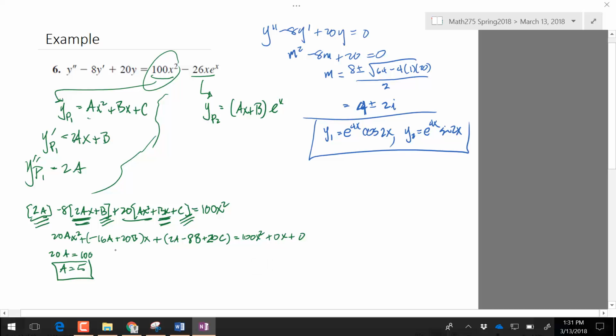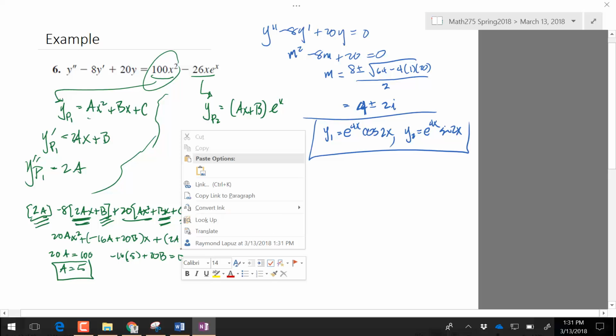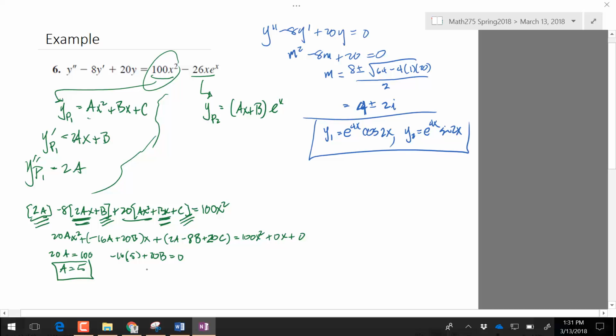We got minus 16 times a, which we found out to be 5, plus 20b is supposed to be equal to 0. 16 times 5 is 80. So 20b is equal to positive 80 on the other side. b must equal 4.